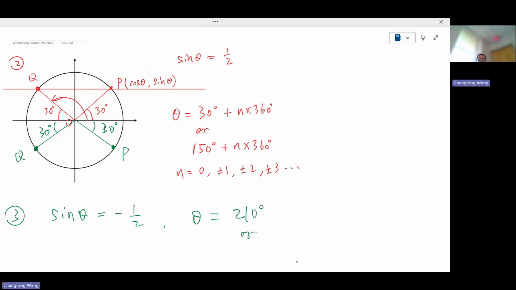Now, what about the angle associated with the point P? It's 330, because it's 30 less than 360, right? To make them fancier, adding the multiple of 360, and you're done.